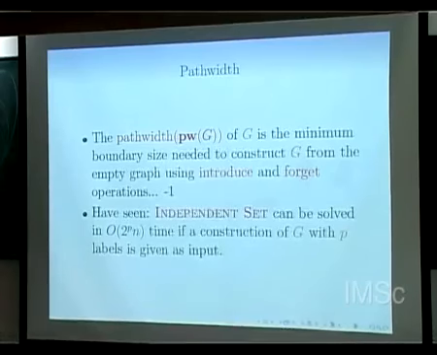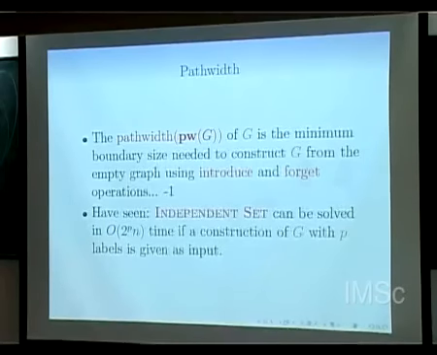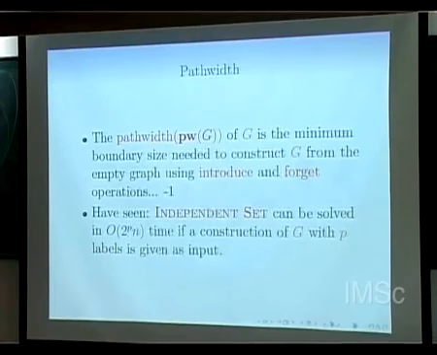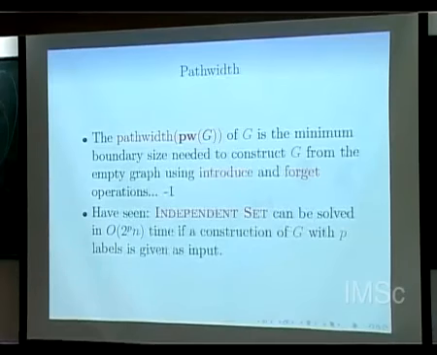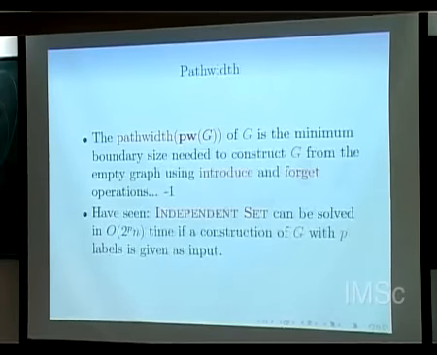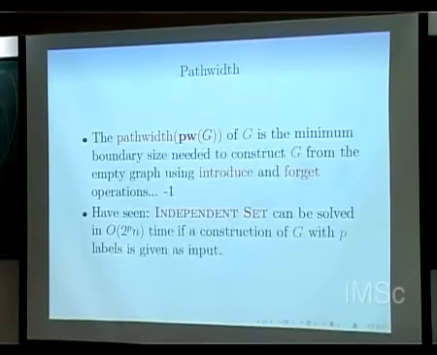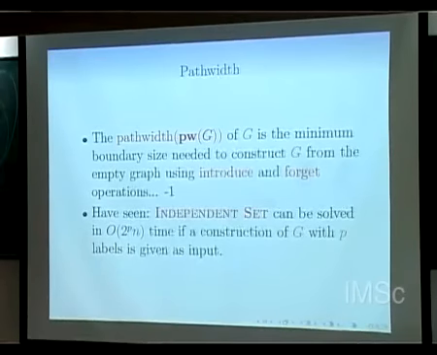If someone gives you this construction of the graph with these p labels, then you can compute independent set in 2 power p n time, the way I have explained the algorithm. In the beginning you have just one node, everything is easy. Next time if someone comes, you know how to update the table, so you can compute the maximum independent set of this graph in this much time.